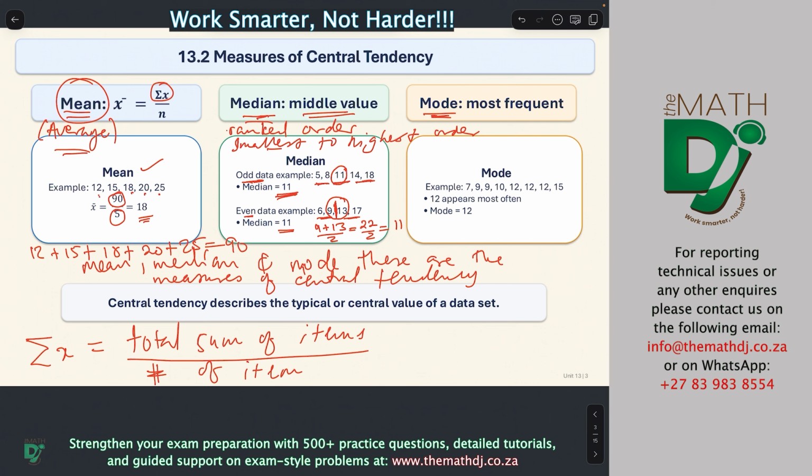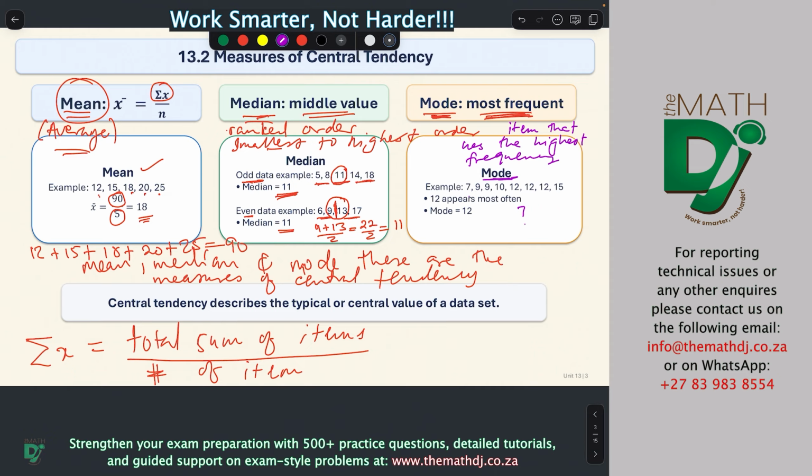Then the mode just means the most frequent, which means the number or item that has the highest frequency. Looking at this example, the mode does not care about the order, it just counts the frequency. In other words, how many times does each number appear?